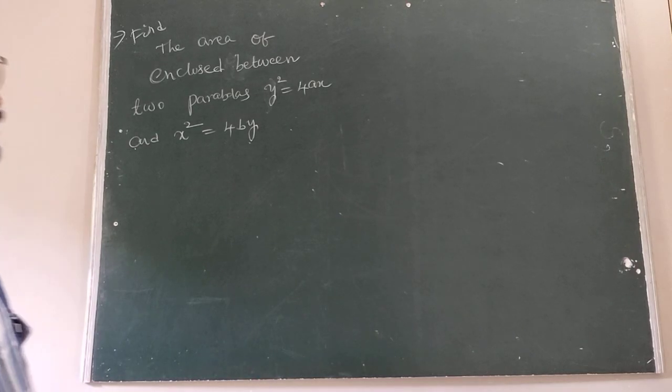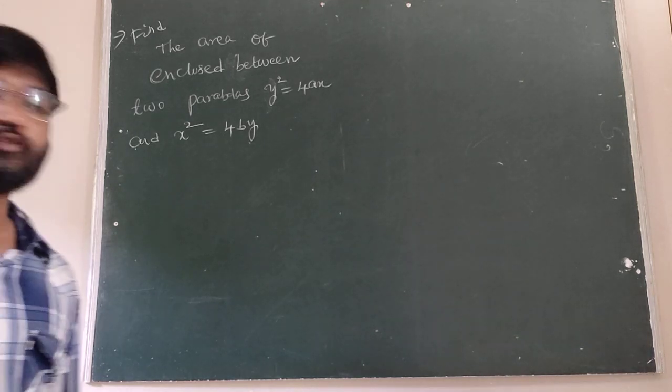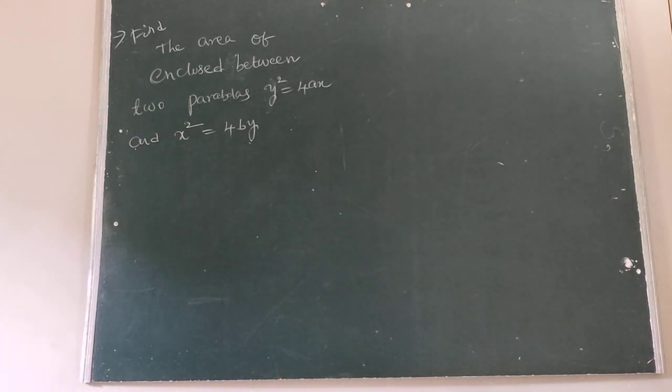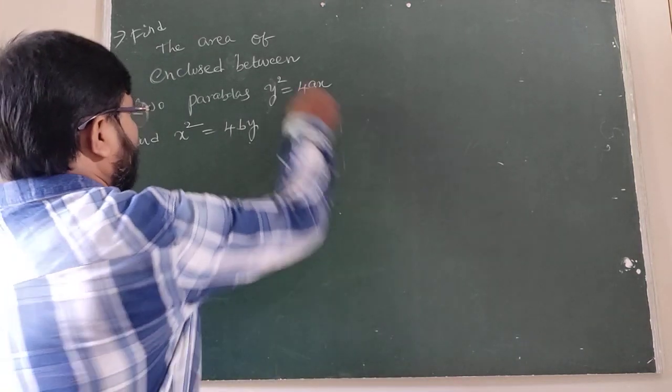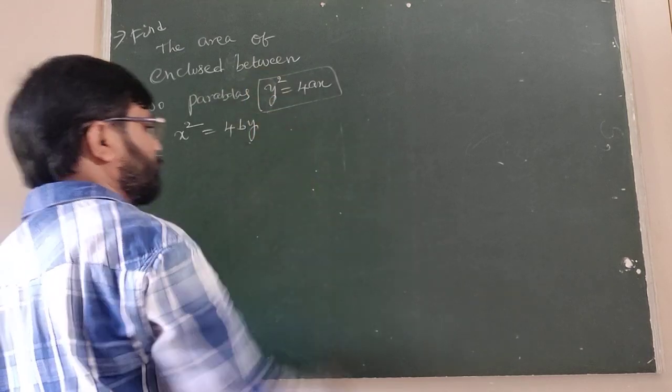Now, dear students, we have to find the area enclosed between the two parabolas y square equal to 4ax and x square equal to 4by. Here there are two parabolas. Now we know the diagram of this one.